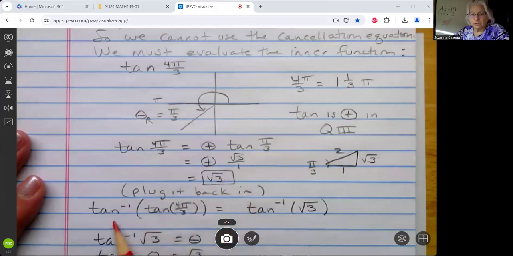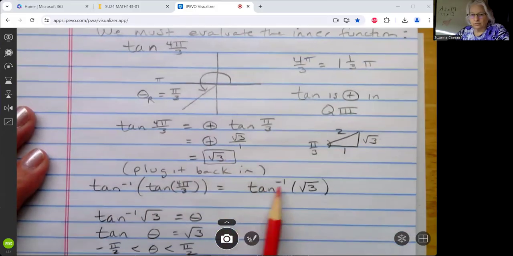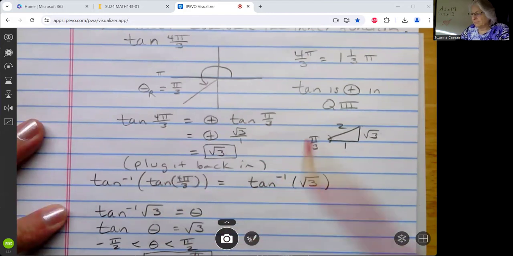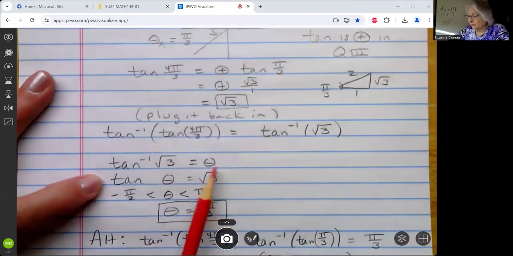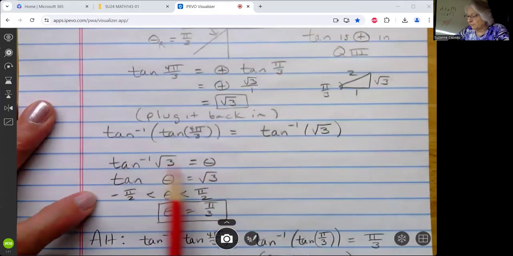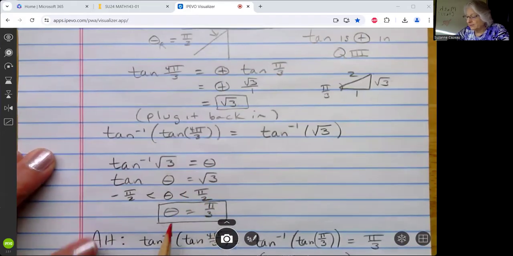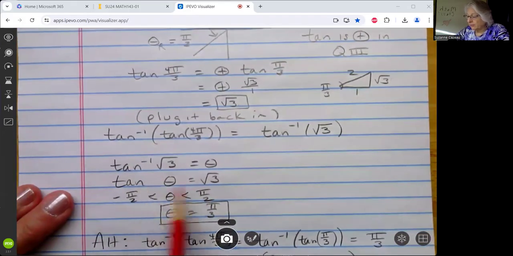And now you can just say this equals inverse tangent of √3. Now that we've evaluated this, you can say this is equal to theta, so tangent of theta is √3. That was the pi over 3 triangle.